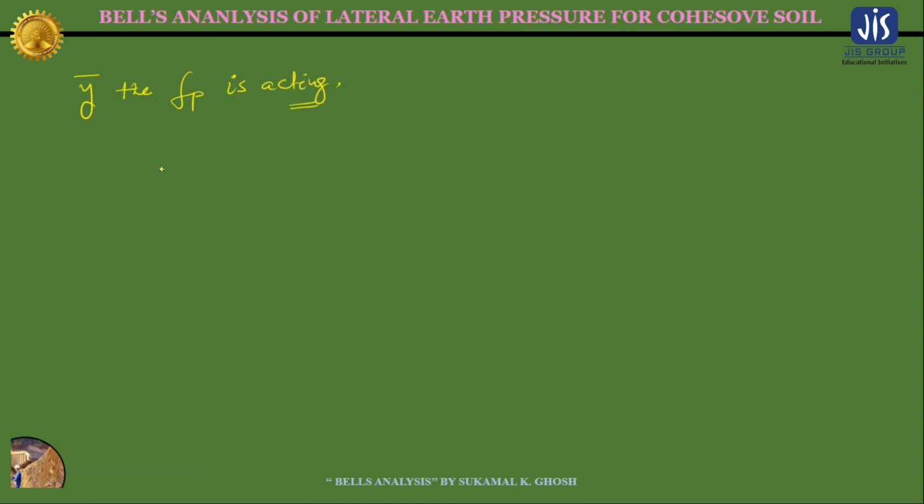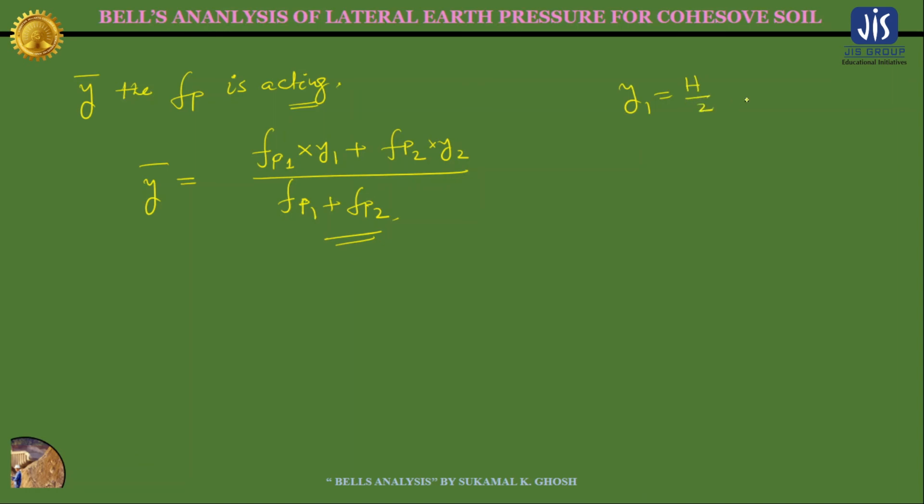Okay, so this y bar can be given by FP1 into y1 plus FP2 into y2 divided by FP1 plus FP2, where y1 is h by 2 and y2 is h by 3.